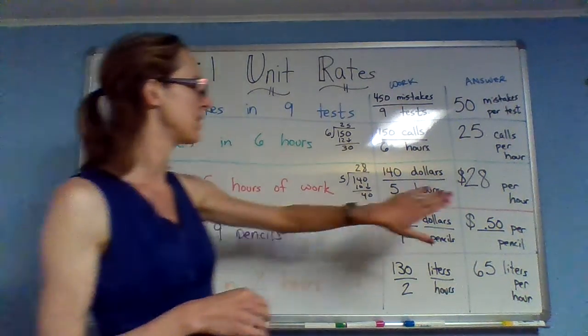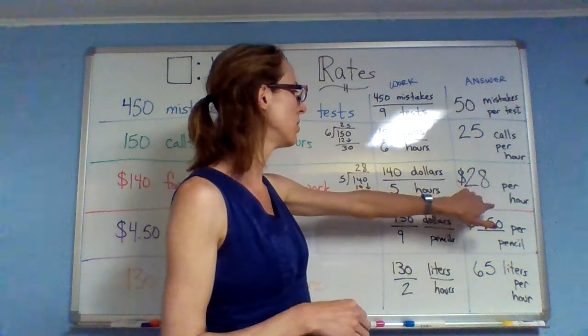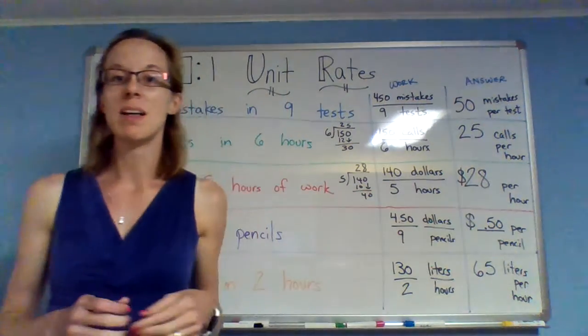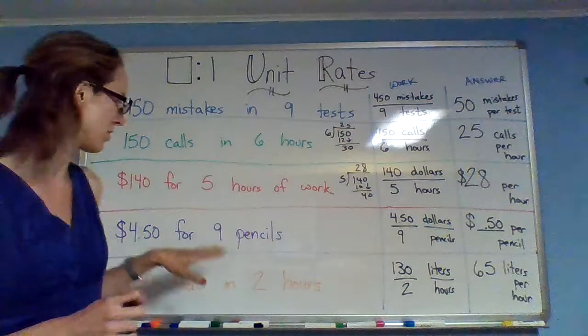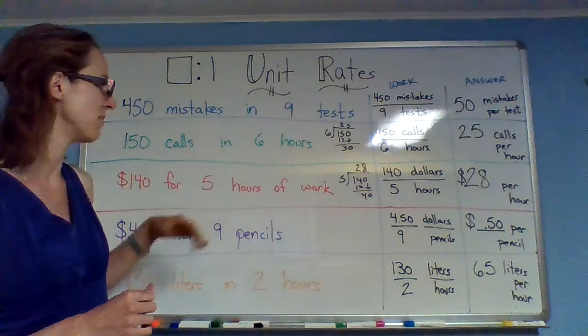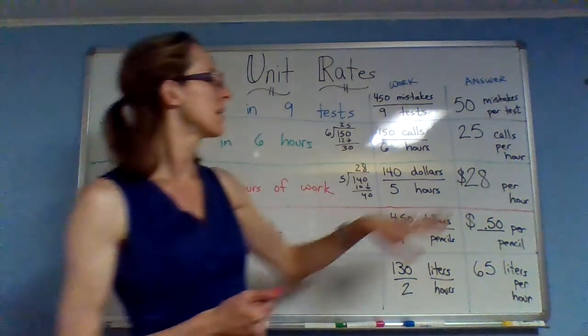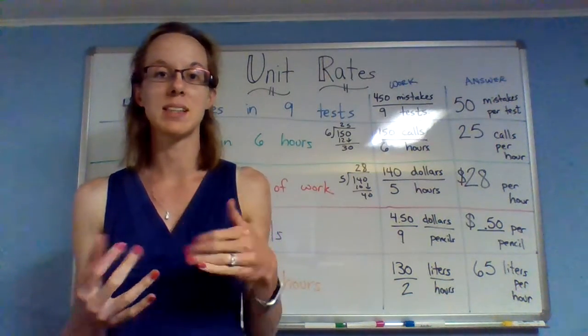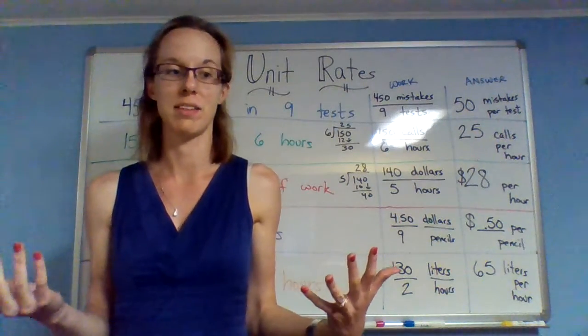But if I go over my unit rate and I go, oh, your rate is $28 per hour, so I multiply that by 12. That's going to be an easier problem than trying to figure out what multiple of 5 gets you to 12. Getting down to a unit rate allows you to then work with that number more easily to generate lots and lots of other things.